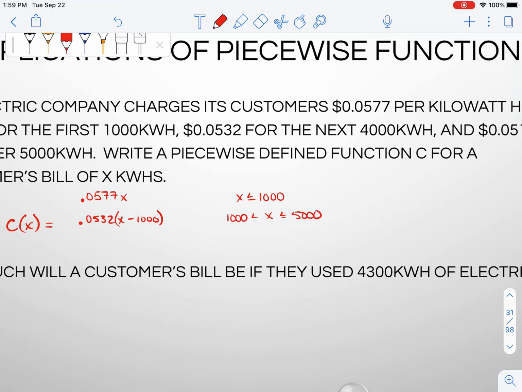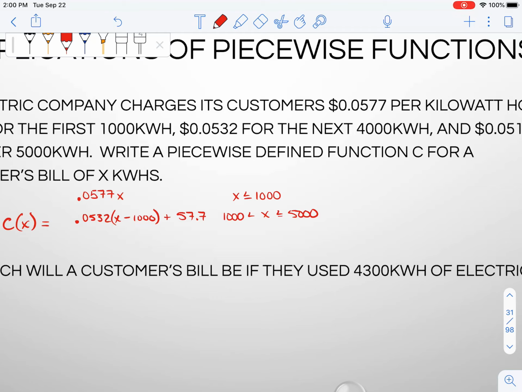Now, the only thing is, I still need to figure out how much did I pay from this previous amount at its max. So if I evaluate 0.0577 times 1,000, I'm going to get 57.70, or 57.7 that I've already paid.